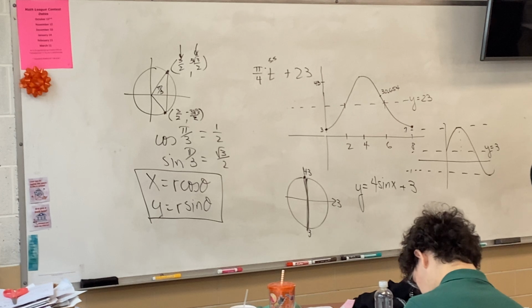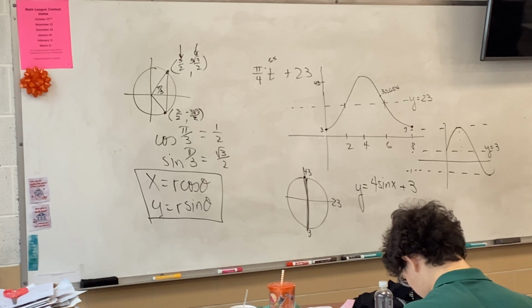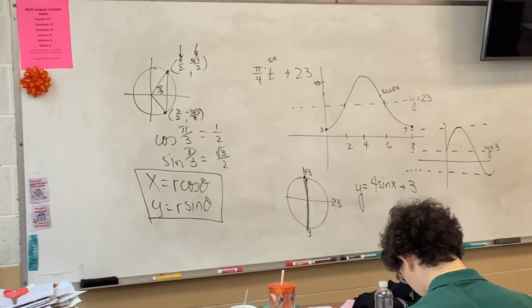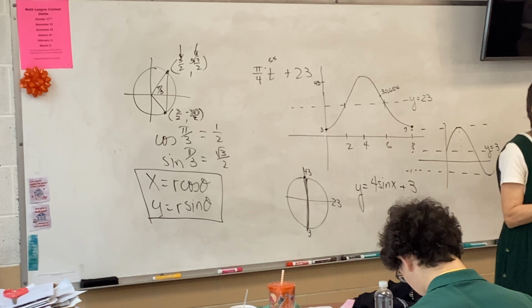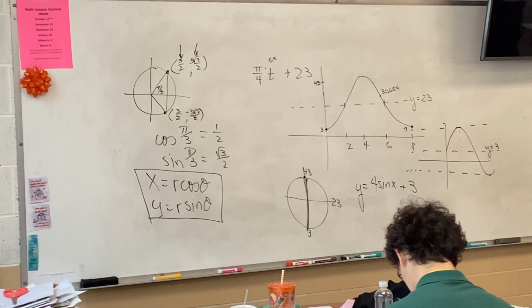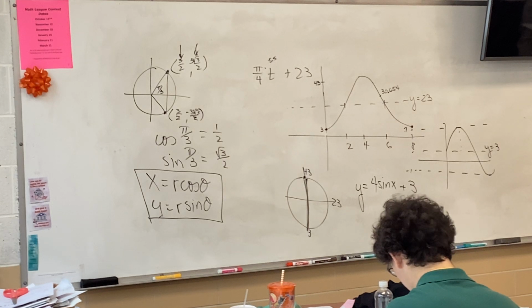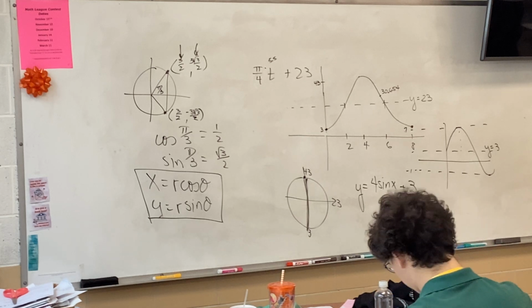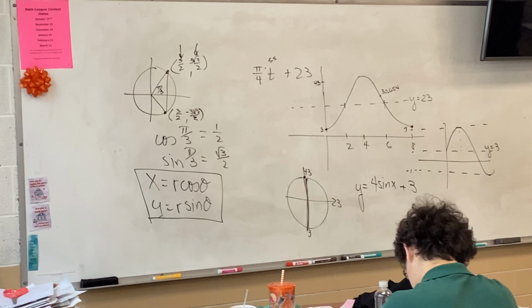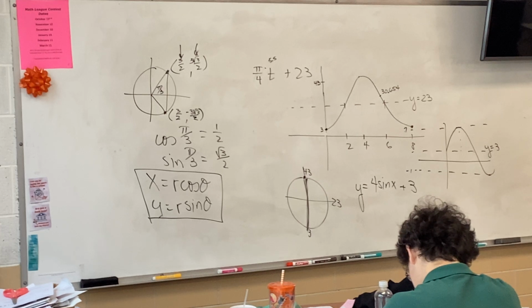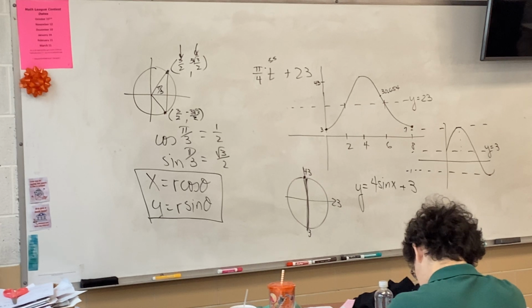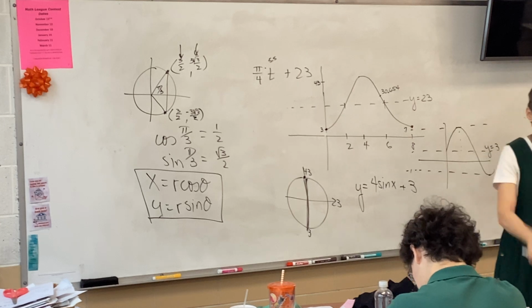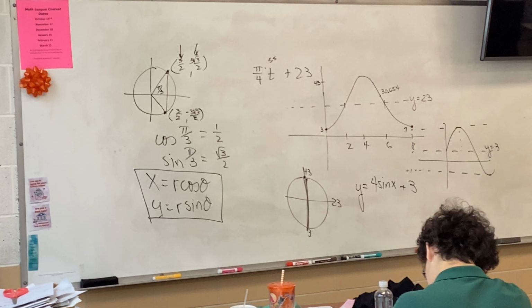What is that going to go down to? 3 pi over 2. When you shrink it down, how much do you take out? 2 pi's. So you take out 4 pi over 2, 8 pi over 2, 12 pi over 2. So I'm left with 3 pi over 2. What's the sine of 3 pi over 2? Negative 1.